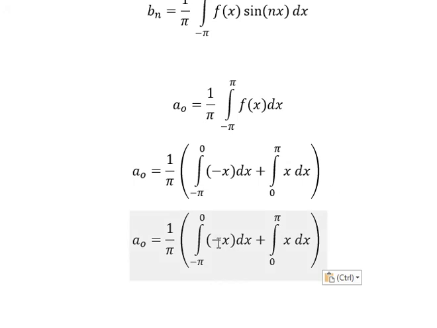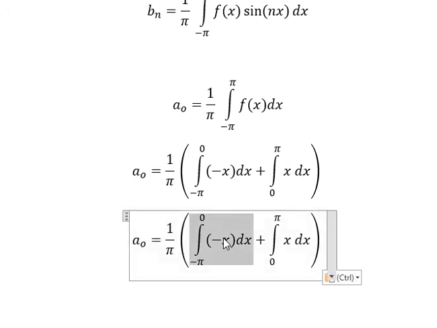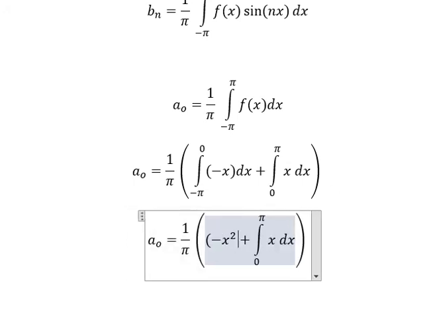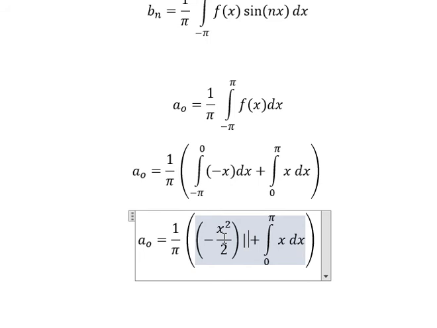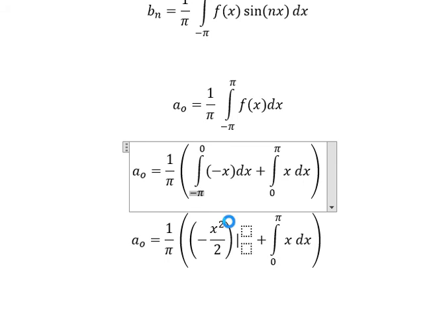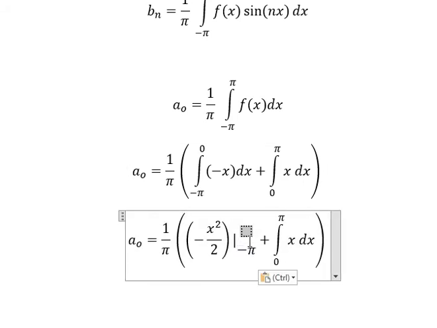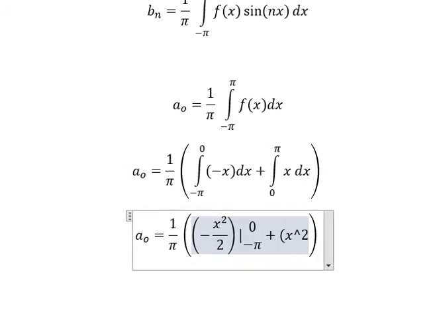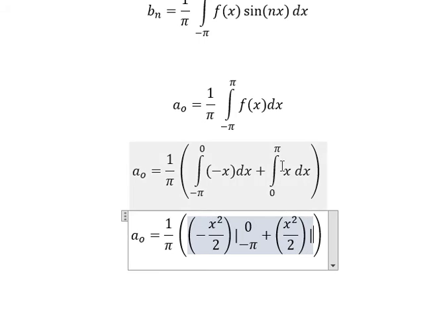The integration of negative s, we have negative s squared over 2, and we put the bounds from negative b to 0. This one is positive s squared over 2, and we have the bounds from 0 to b.